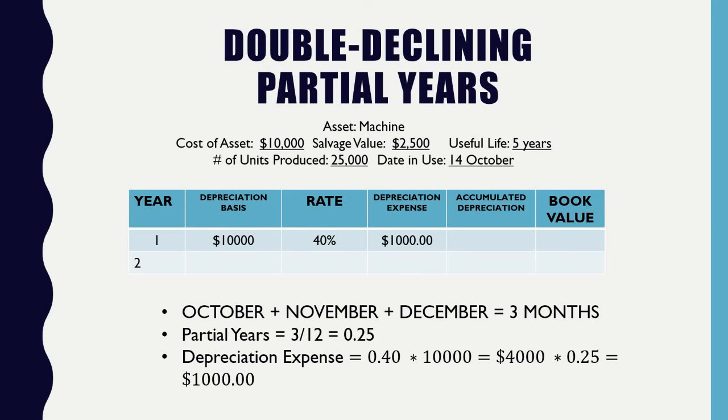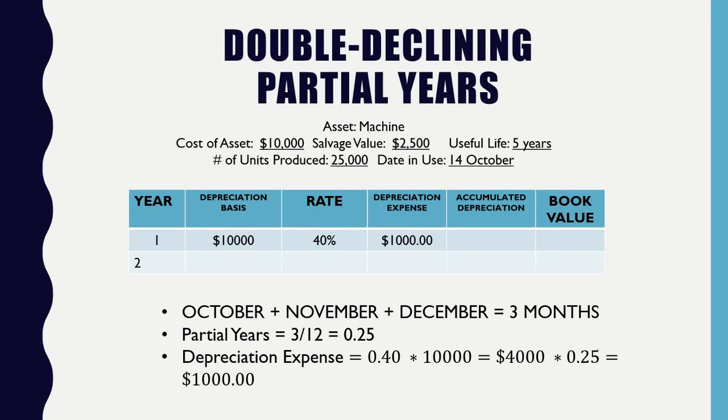So the best way to do this is to multiply it across. Once you get your depreciation expense, you can either divide by 12 to get a number and then times it by 3, or times by 3 and divide the whole thing by 12. That's another way to do it for those numbers that are extremely difficult, like 5 out of 12 months. Take your depreciation expense, multiply it by the number of months you are calculating for, and divide the whole thing by 12.